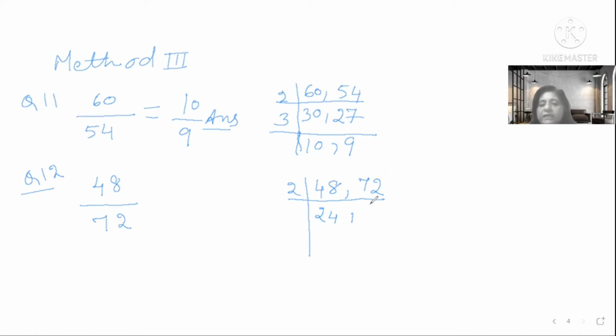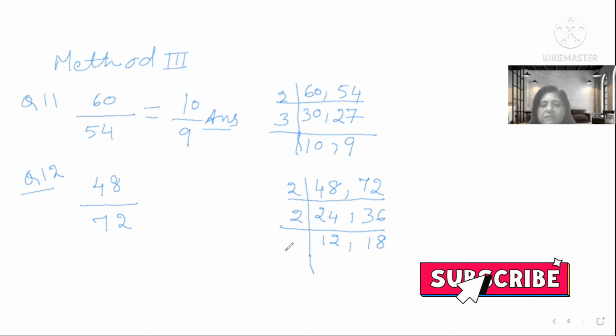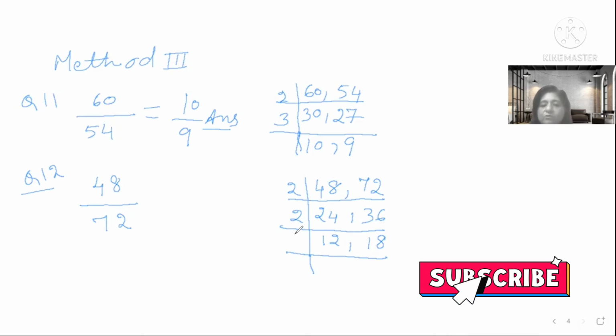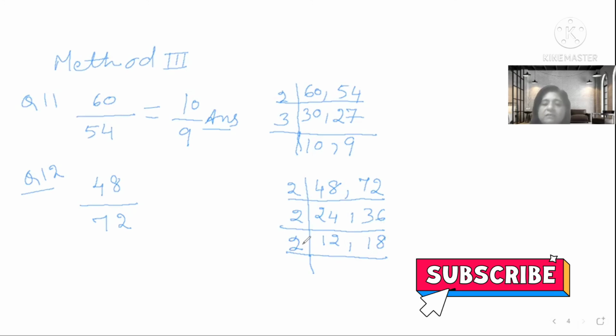So what is the common factor here? 2. So we divide 48 by 2, we get 24. We divide 72 by 2, we get 36. Again, what is common here? It's 2, 12 2s are 24 and 18 2s are 36.